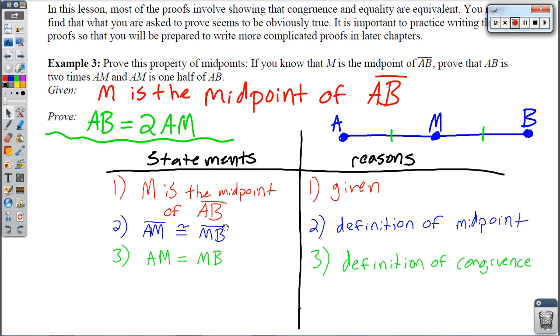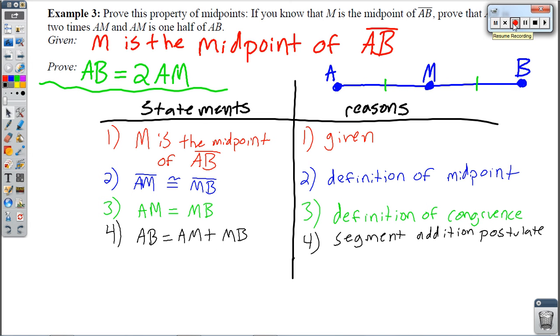Now that we have lengths written down, we can start making conclusions, similar to what we did with angles, saying that one segment is equal to two different segments added together. So we can say that the length of AB, the distance all the way from A over to B, is equal to segment AM plus segment MB, the length of those two segments added together.